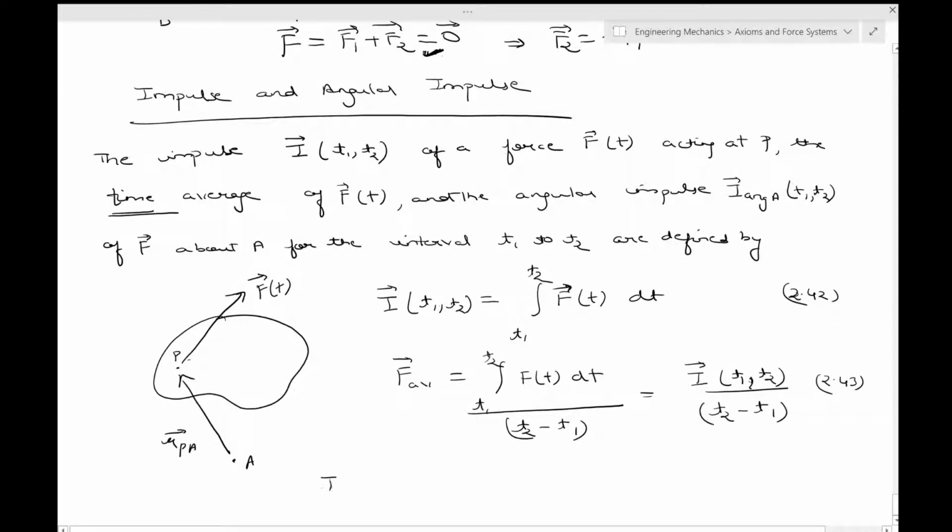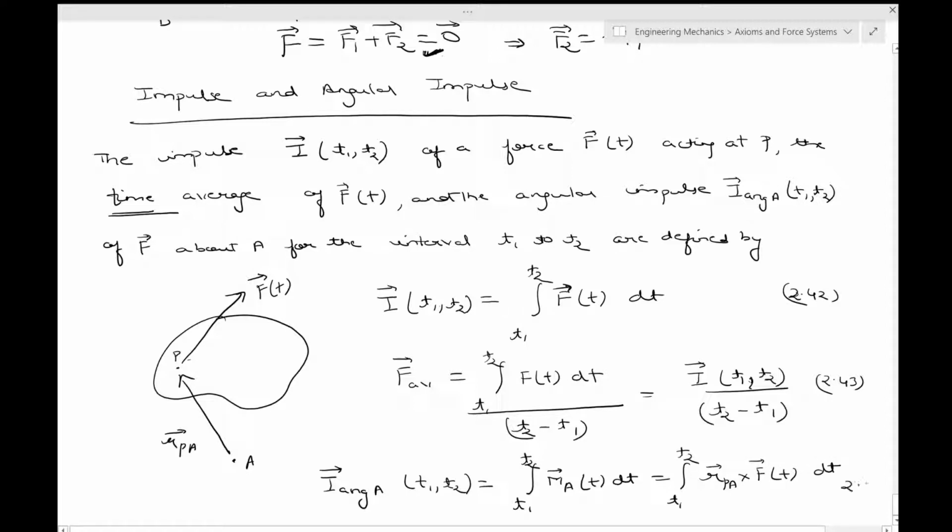And the angular impulse about A, t1 comma t2, is equal to the integral from t1 to t2 of RPA cross F of t dt.